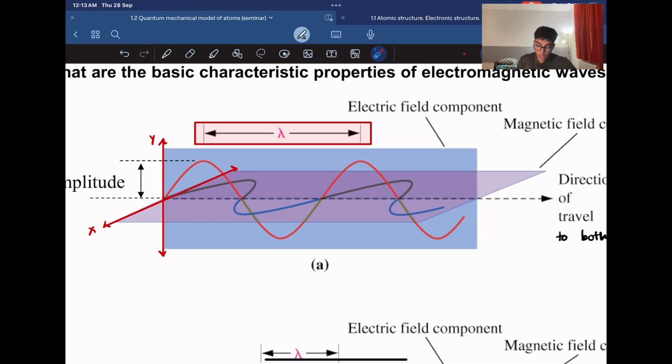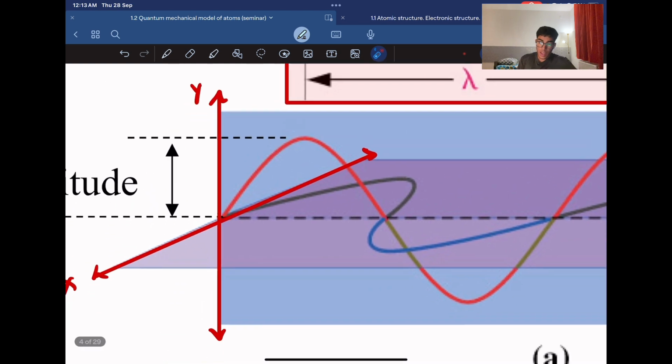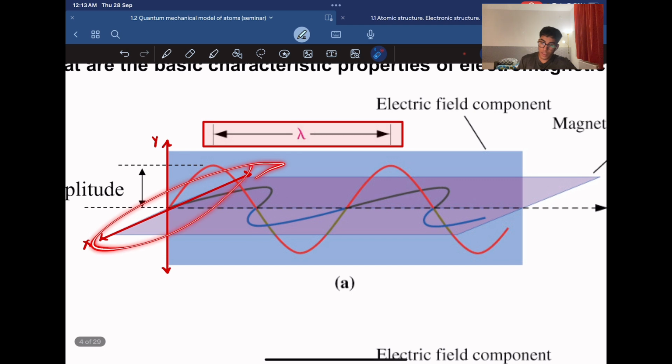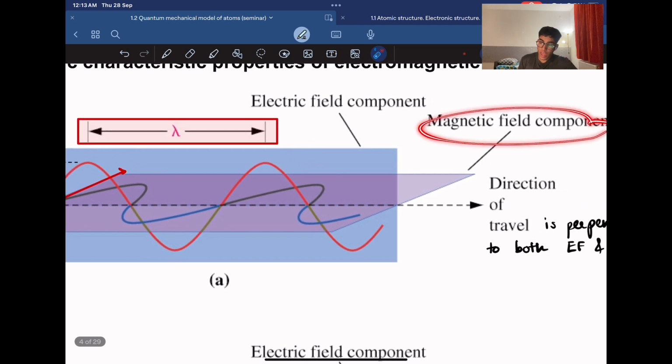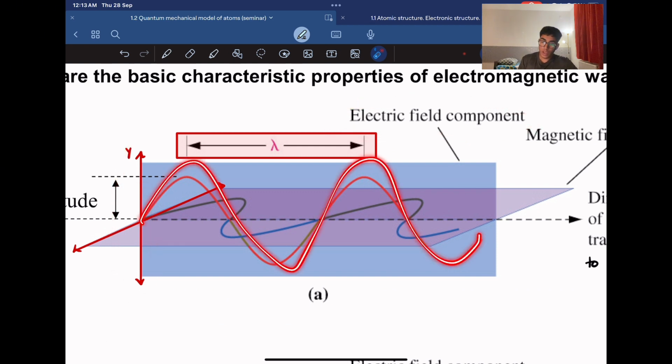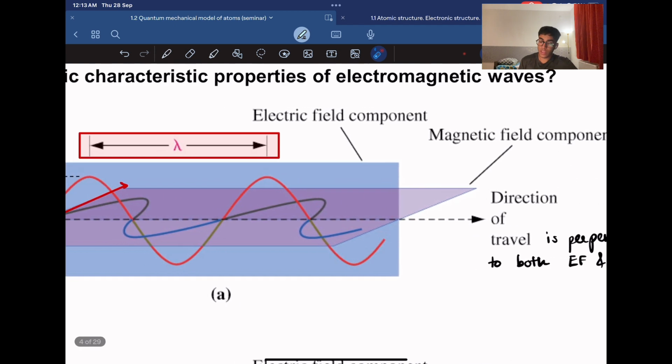Over here, you can see that we have our y-axis and our x-axis. On our x-axis, we have our magnetic field component, and on our y-axis, we have our electric field component. Basically the electric waves move like that, and the magnetic waves move like that.